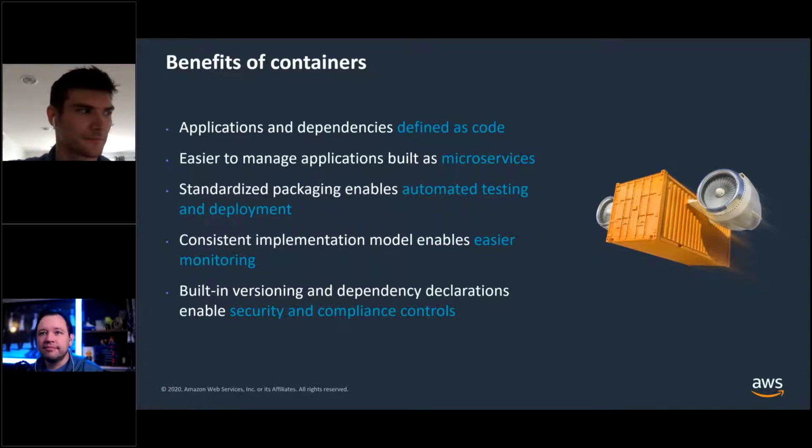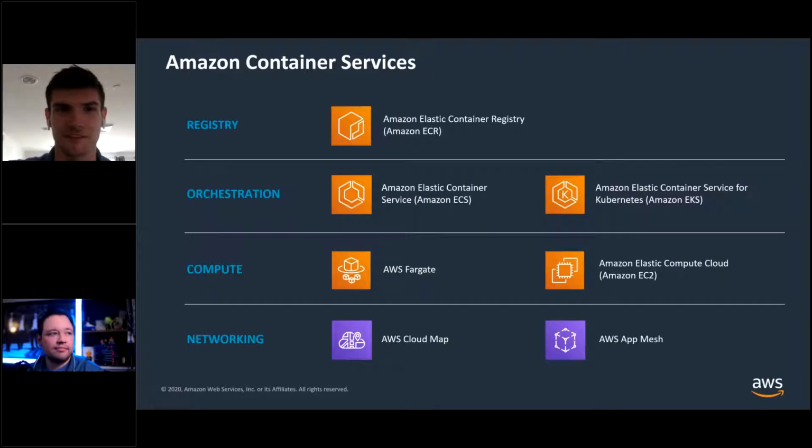Yeah, awesome. When it comes to the benefits of containers, we have a few container services at Amazon that try to make the customer's life easier. Everything from our container registry, which can do things like security scans and be private, to our orchestration layer tools. We have ECS and EKS as the different orchestrators, which manage the container lifecycle.